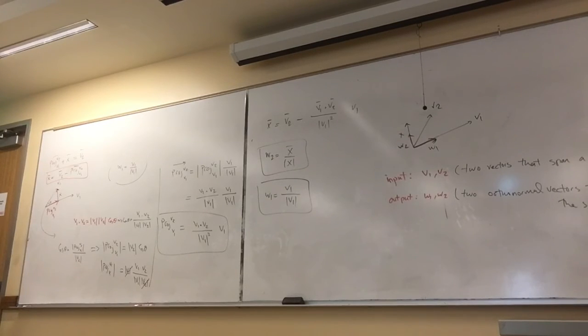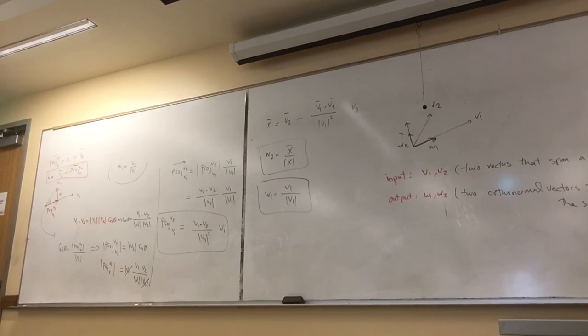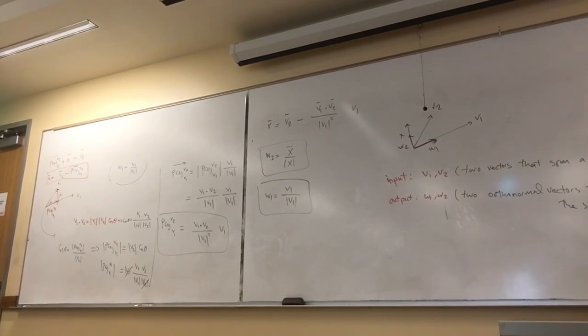So say you have something that's not very nice as your basis, but you need to end up in that. You can use Gram-Schmidt to convert to something that is really easy to work with, do all the hard math there, then reverse it to convert back to your original basis, and that's your actual answer.